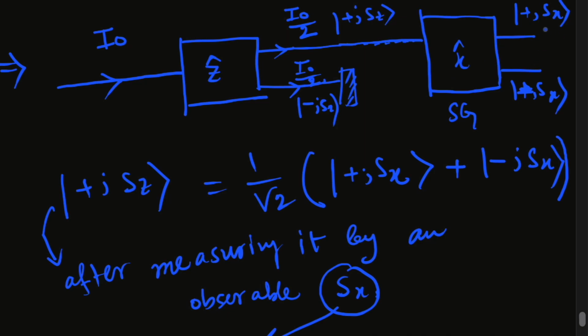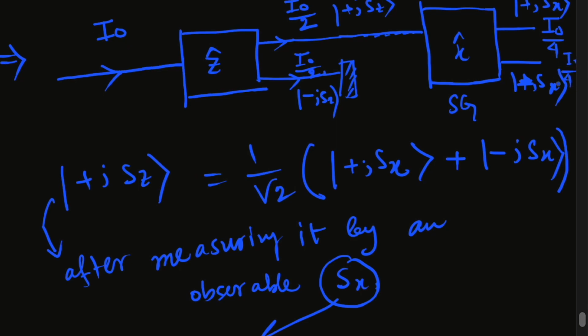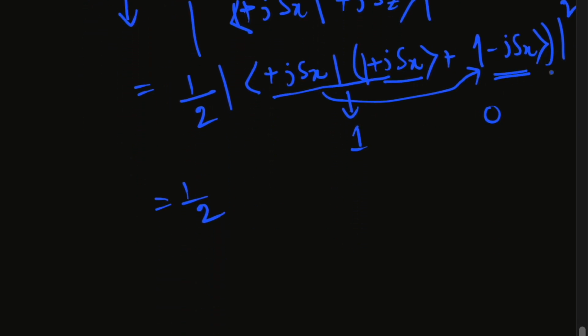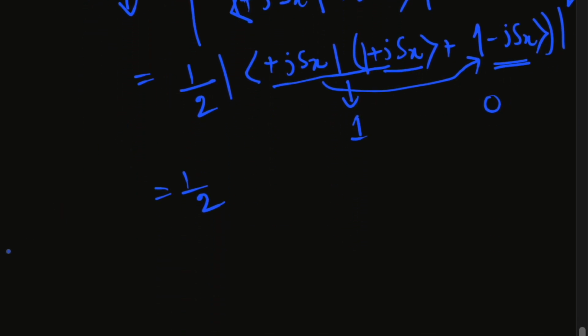So the intensity of Ag atoms found in the direction of the magnetic field after passing this Stern-Gerlach apparatus will be I0 by 4, and I0 by 4. We will explore this concept in the mathematical section of our lecture later.